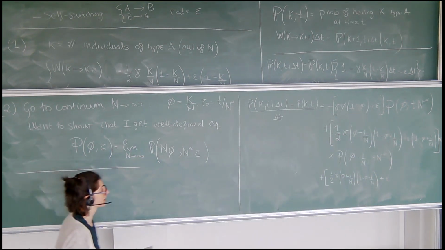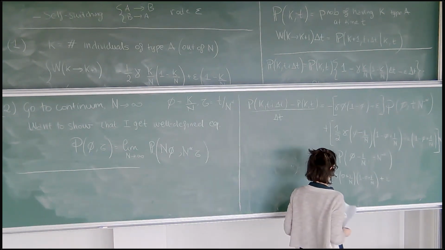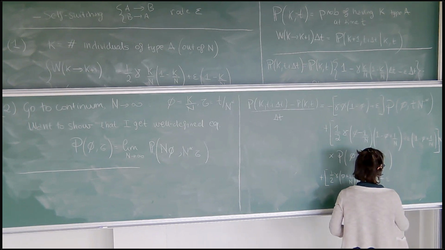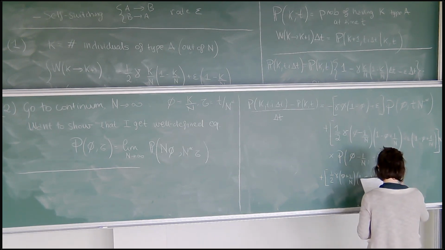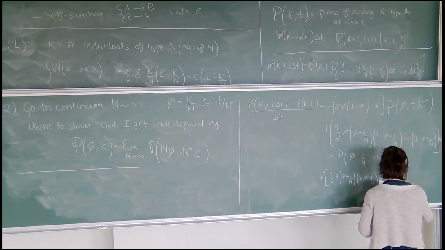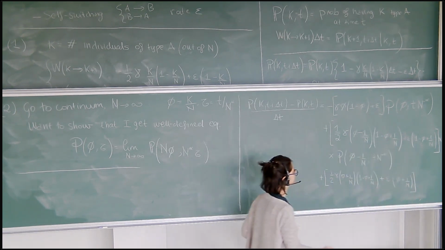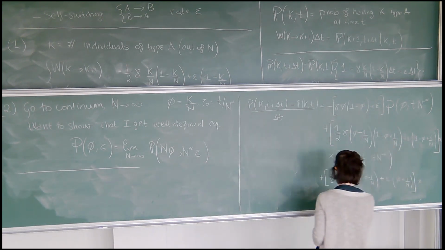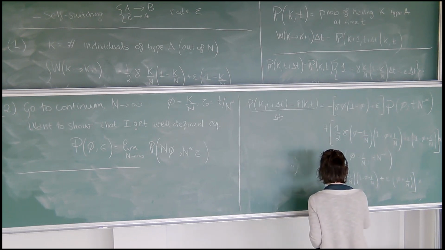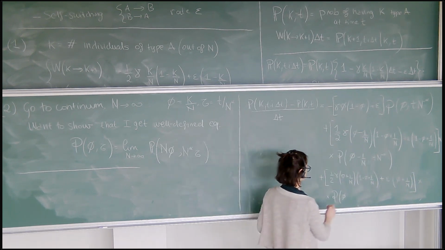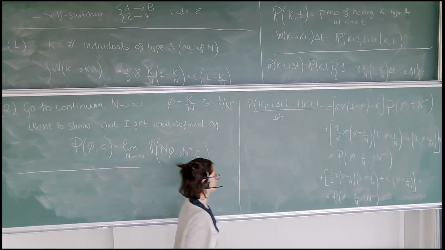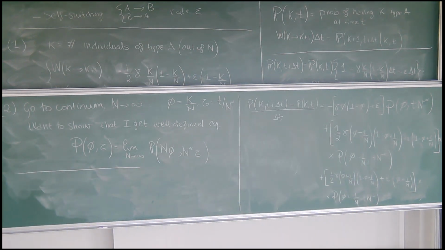Please stop me if this is not immediate, and I will do it explicitly. And then the term in here is proportional to K plus 1 over N, which I will rewrite as phi plus 1 over N, times my curly P, which now is evaluated at K plus 1, which in my new variable is phi plus 1 over N, and then the rescaled time.